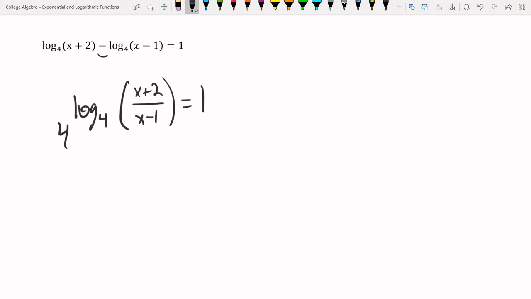So we need to put both sides in the power of 4. That way this cancels, and 4 to the power of 1 is 4. So that gives us x plus 2 over x minus 1 equals 4 to the power of 1, which is just 4.